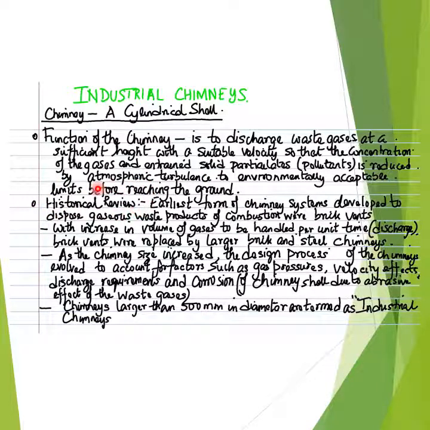A brief historical review of the development of industrial chimneys may be pertinent from the point of view of understanding the evolution of the structural design of industrial chimneys for purposes of construction in the industry.